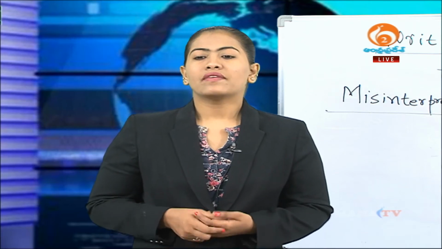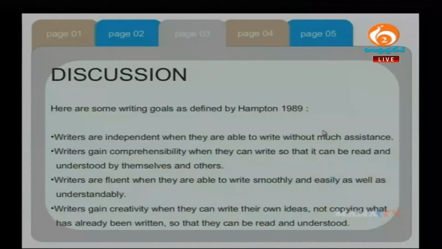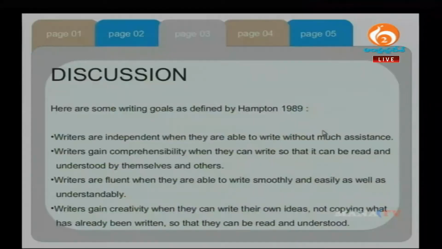Writers gain comprehensibility when they can write so that it can be read and understood by themselves and others. Writers are fluent when they are able to write smoothly and easily, as well as understandably. This is the slide that we are going to focus on. Writers are fluent when they are able to write smoothly and easily.